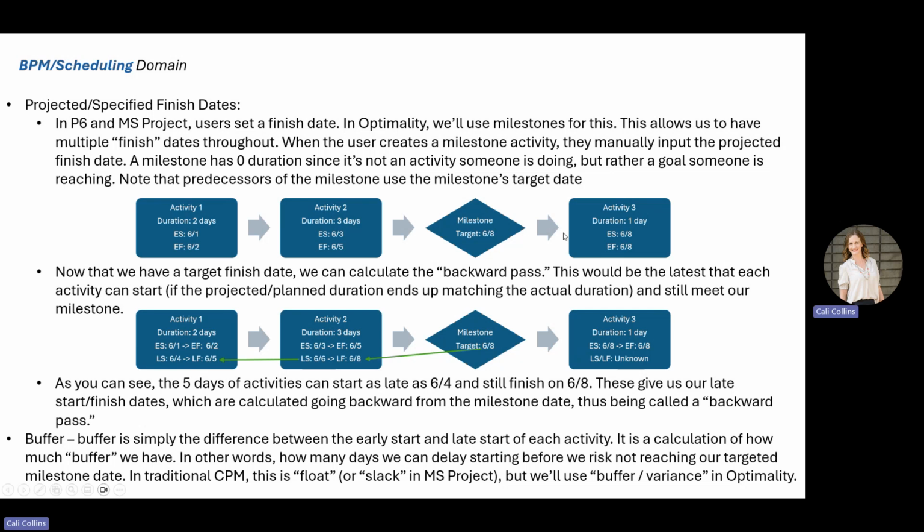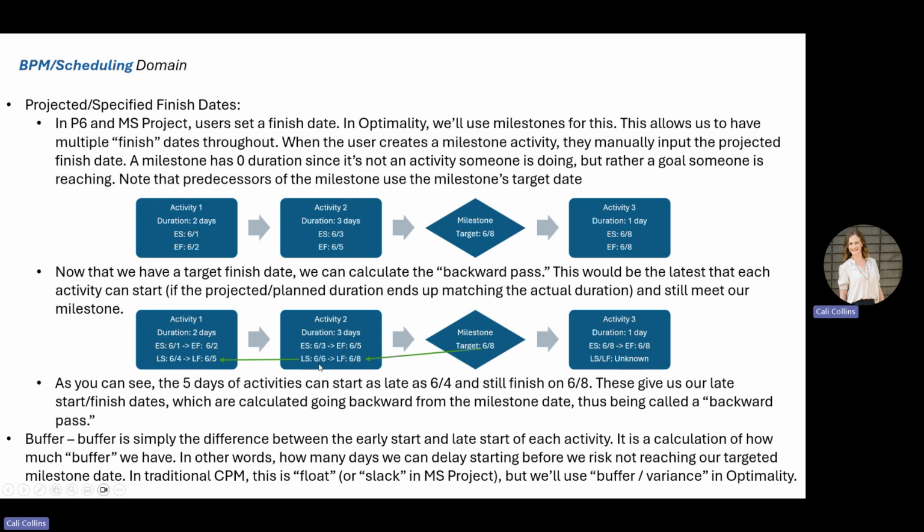So now that we have a target finish date, this milestone here, we're going to calculate the backward pass. And this is pretty standard terminology for CPM methodology. Now we're going to calculate these late dates. This is the latest that each activity can start and still meet the milestone. So we go backwards from this 6/8 date on the milestone, and that is the latest that activity 2 can finish and still meet the target date of the milestone.